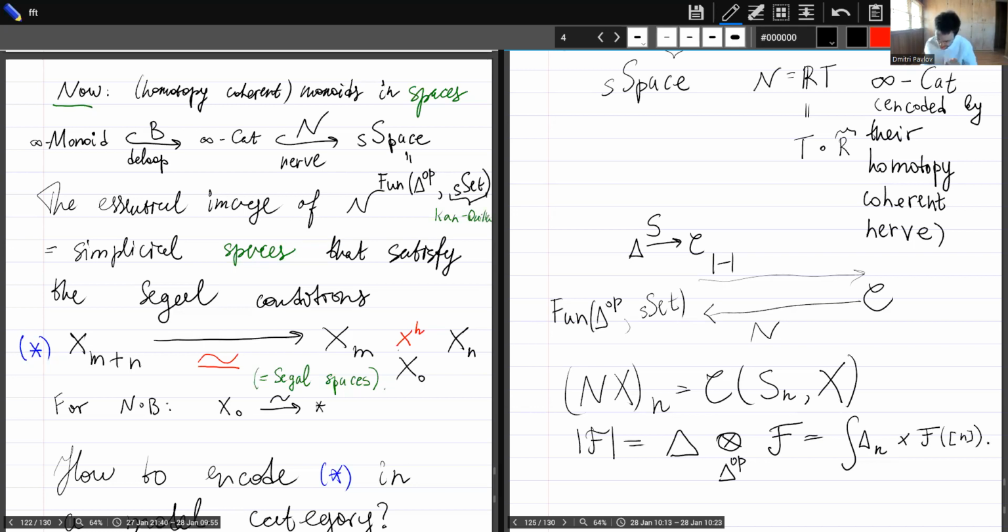Or you can expand this as a Kan extension, because any functor from delta to C will have a Yoneda embedding, and left Kan extending this functor S along the Yoneda embedding produces the realization functor. So all of those descriptions work.